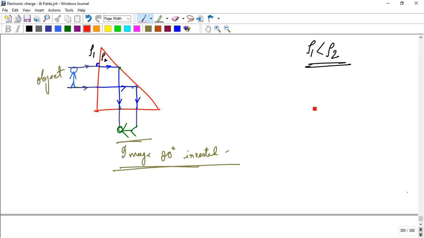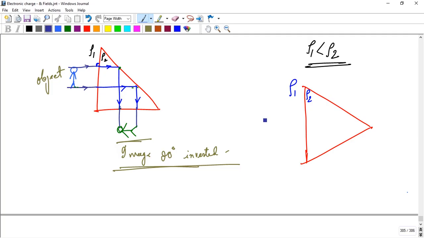So now we choose a prism. Same condition here: inside is denser, and that is outside. Inside is the more dense medium than outside, because density here means the optical density.